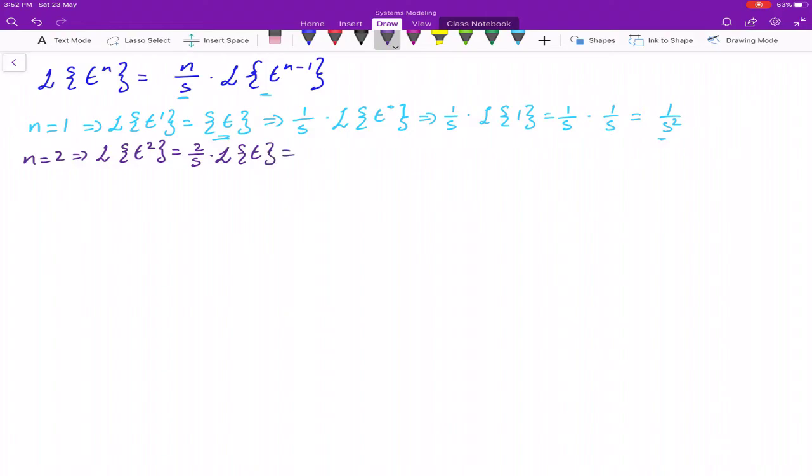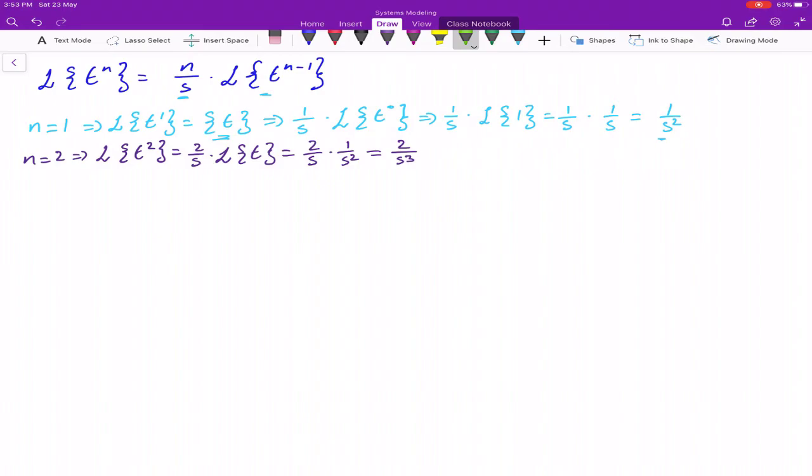So now we just need the Laplace transform of t, which we have already found above. So this is 2 over s times 1 over s squared, which is going to be 2 over s to the third.